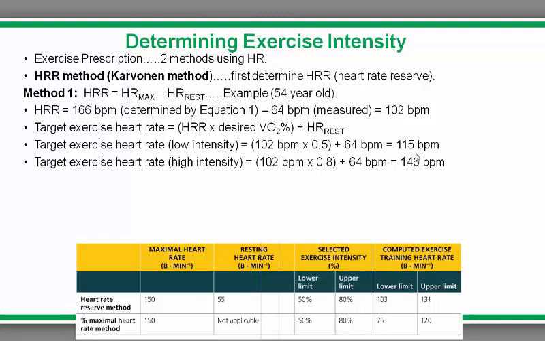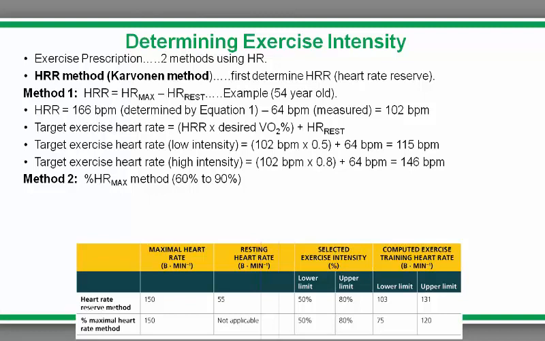So whether it's 115 or 146, the person would adjust the elements of their exercise. If they're on a treadmill, they would reduce the workload through the grade of the treadmill or the speed of the treadmill. If it's on a bike, it would be the resistance and the cadence, and just keep tracking that heart rate until it gets to that target level.